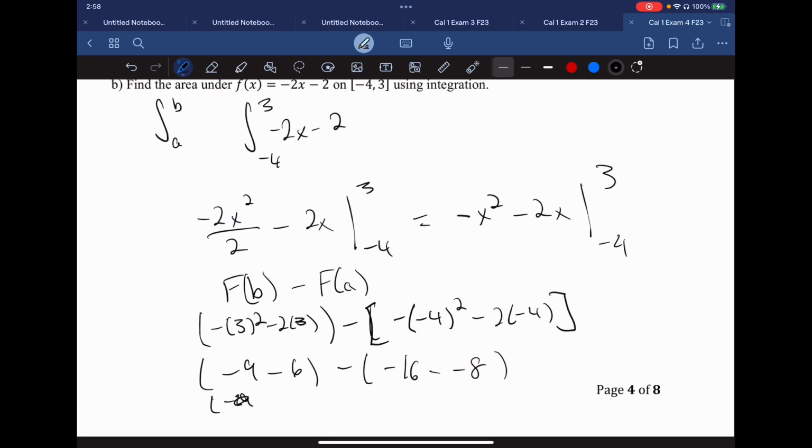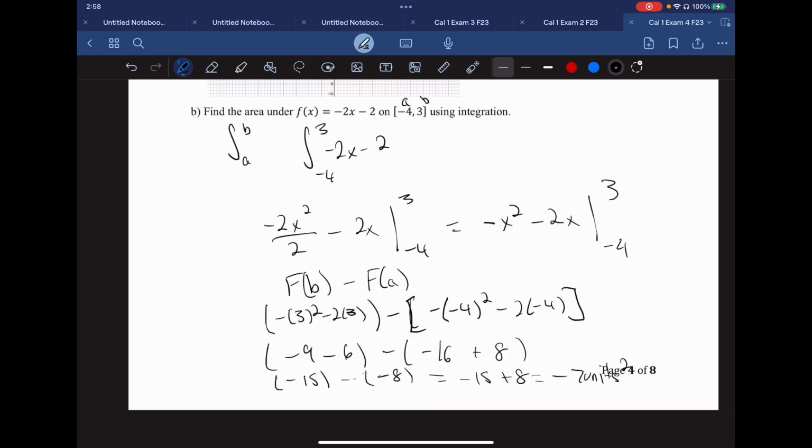So this is going to be negative 15 minus, this is going to end up being plus, so it's going to be negative 8. So it's going to be negative 15 plus 8, which then again is negative 7 units squared.